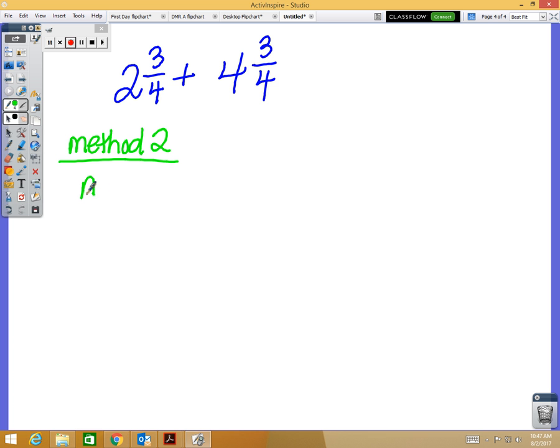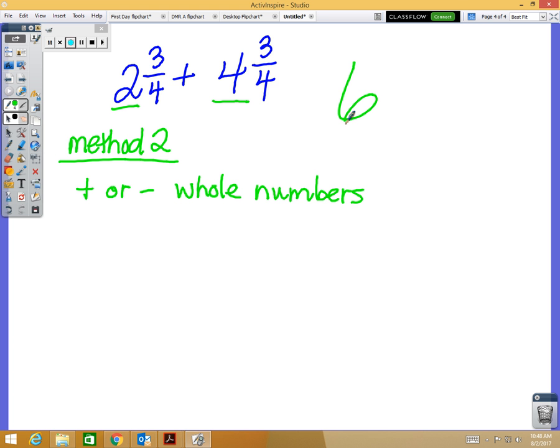All right, so I'm going to put add or subtract whole numbers. So 2 plus 4 is 6. So add or subtract fractions. So that would be what? Well, at first it would be this, right? 3/4 plus 3/4 is 6/4.